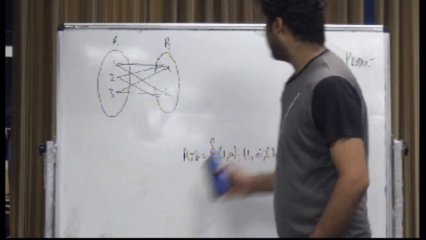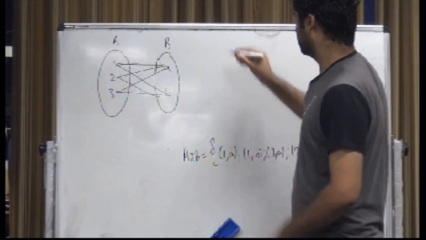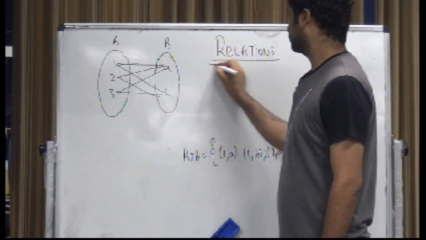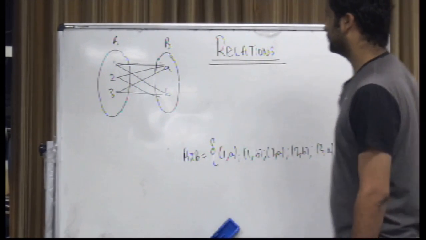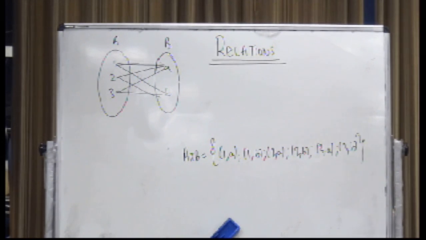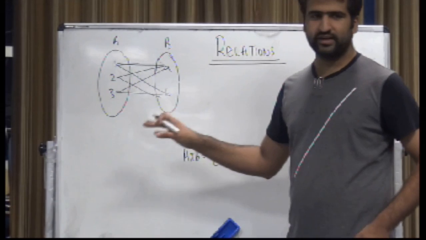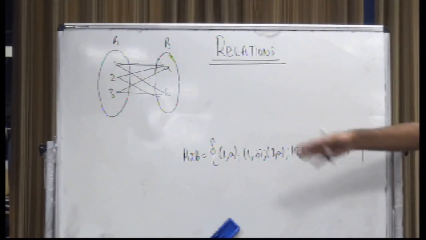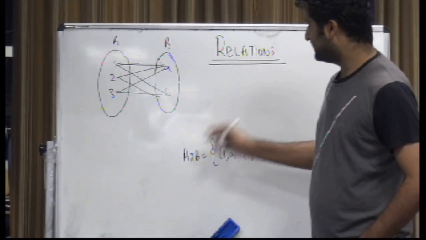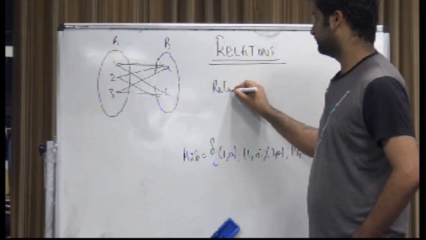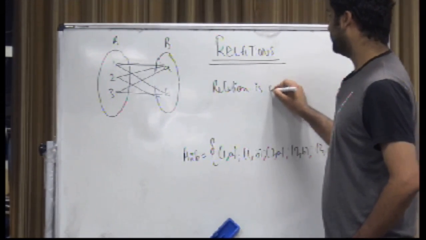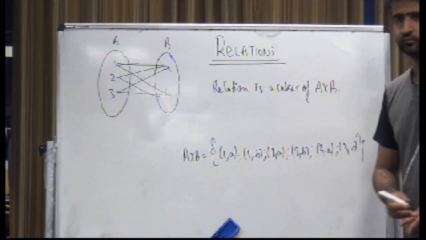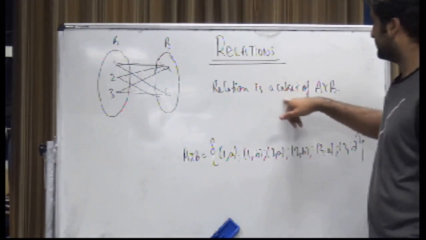So now we start with relations. In a relation, we use some of the ordered pairs of this A cross B. We can also use all the ordered pairs, but the condition is that a relation is a subset of A cross B. What do we mean by this statement?